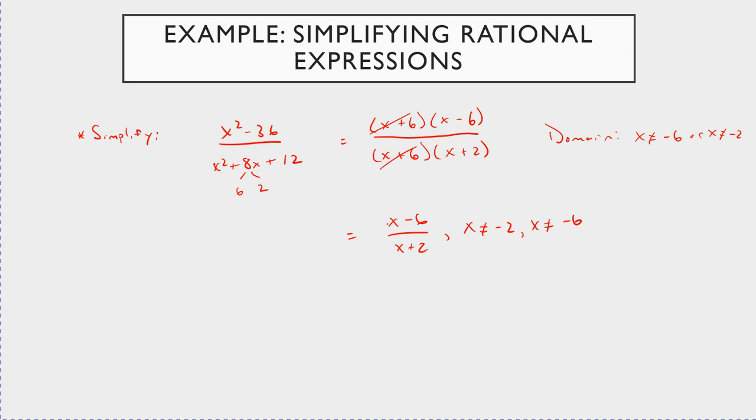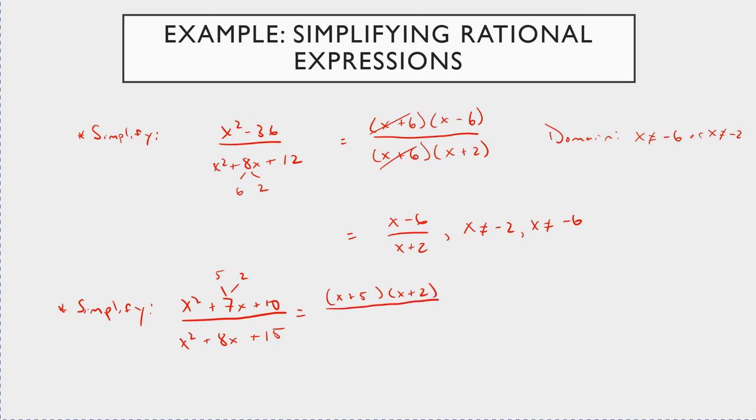So I'll just do another quick one right here. Let's simplify x squared plus 7x plus 10 divided by x squared plus 8x plus 15. Okay, what two numbers multiply to 10 and sum to 7? That's 5 and 2. So this becomes x plus 5 times x plus 2.